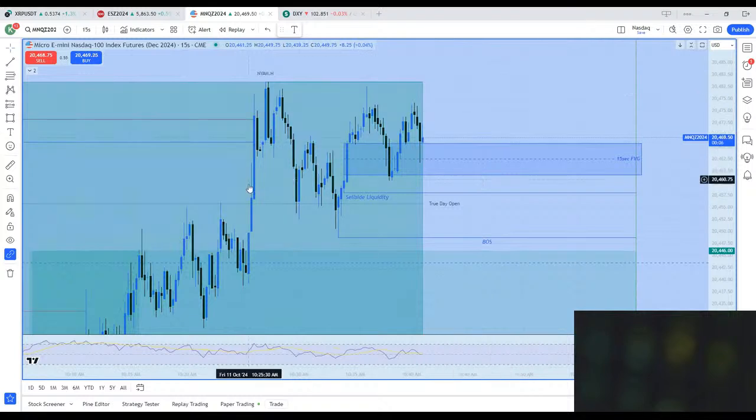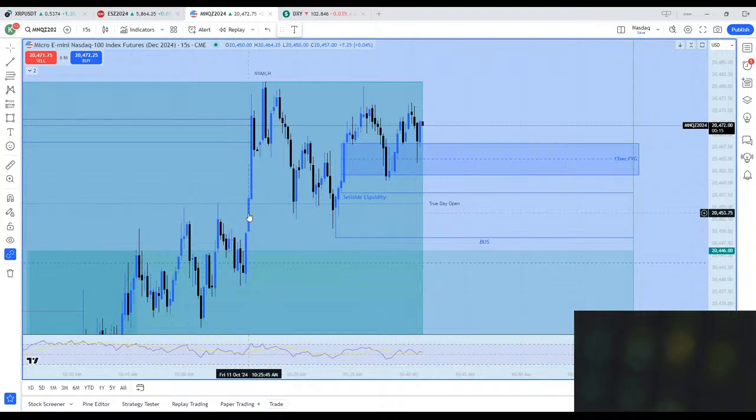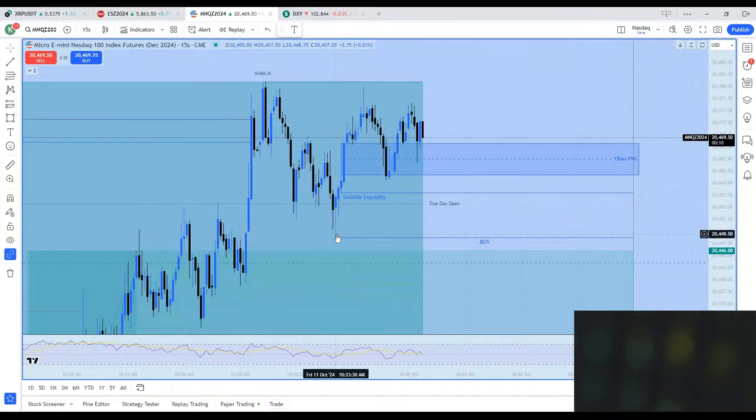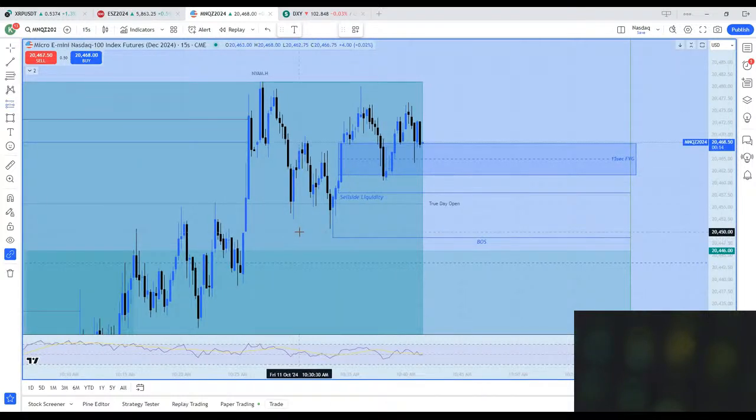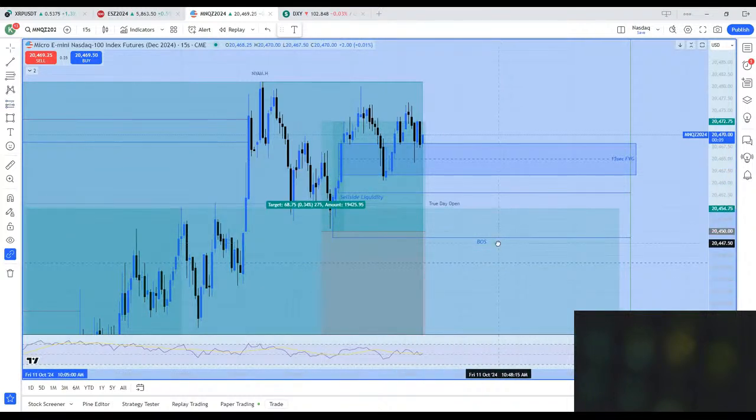Another gap. Break of structure right here. Gap. Price coming to it. Runs up. Comes back, digs a little deeper, taps into this fair value gap, and it runs up from there. This right here could have been a trade. I'm on a 15-second trade. Could have gotten in right here.